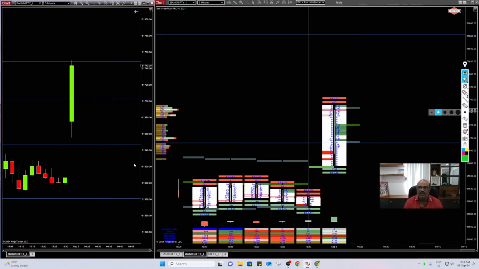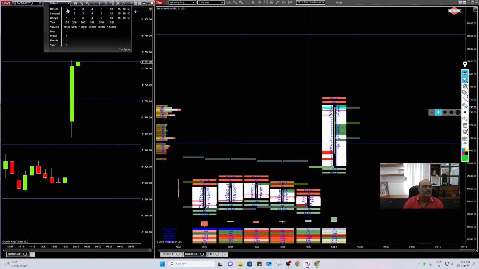You can see the numbers and place the order based on the volume of the buyers and sellers. The buyers are 1600 and the sellers are only 500. So that is the reason I will be going long after a small dip now.